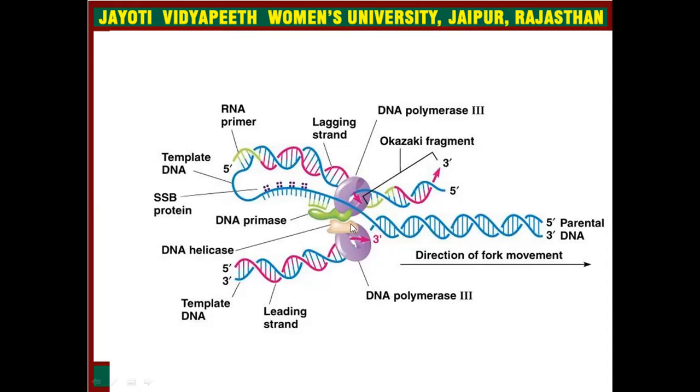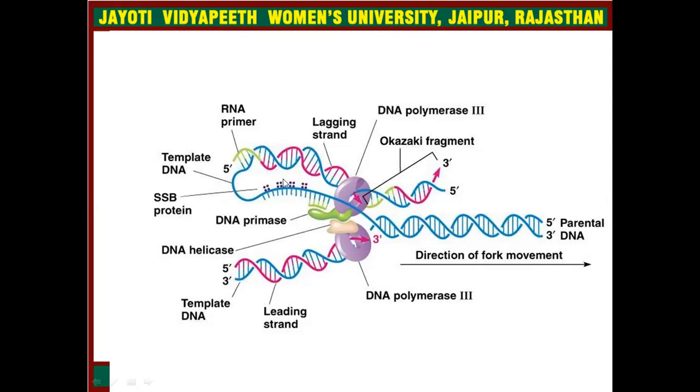On the other hand, on the second strand, the fork is being created here, but the new strand has to be created in this direction. In this direction it is 5' to 3', but the DNA polymerase is going this way.